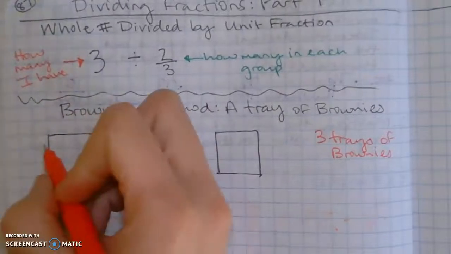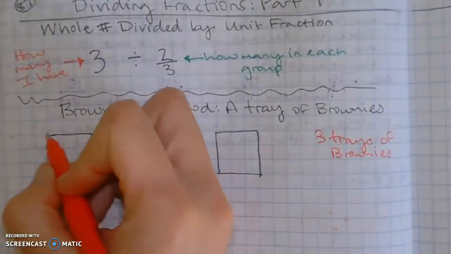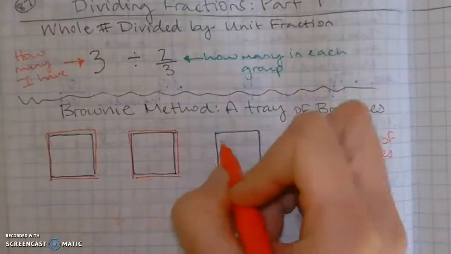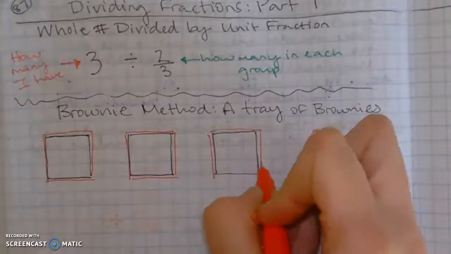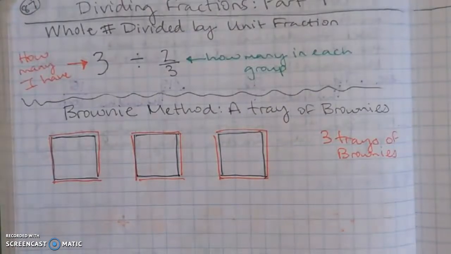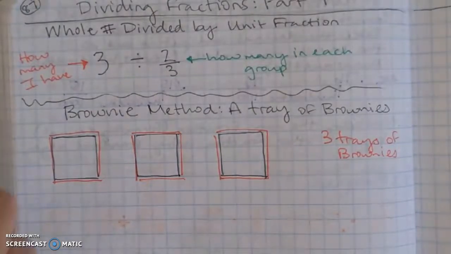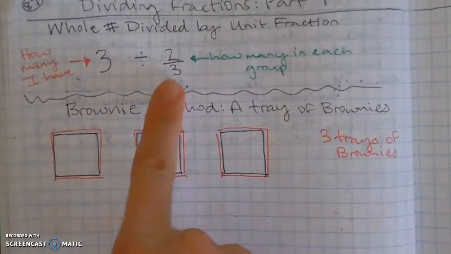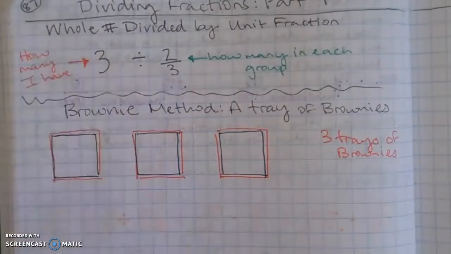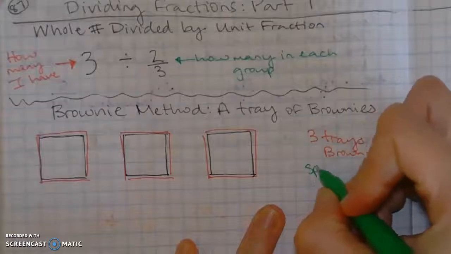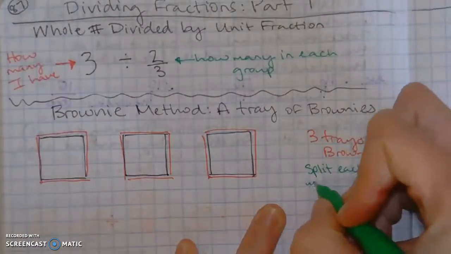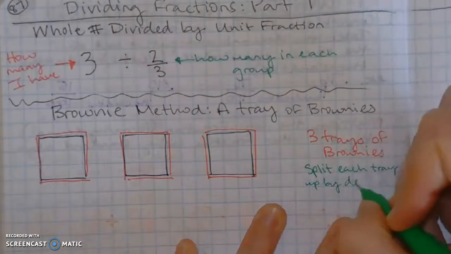Okay, so that would be this part, 1, 2, and 3, just so you can see that color coding. Okay, now I'm going to split each of my trays into thirds. So I need to split it up by the denominator. Okay, so I'm going to split each tray up by denominator.